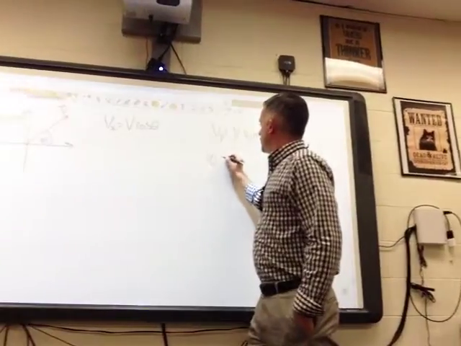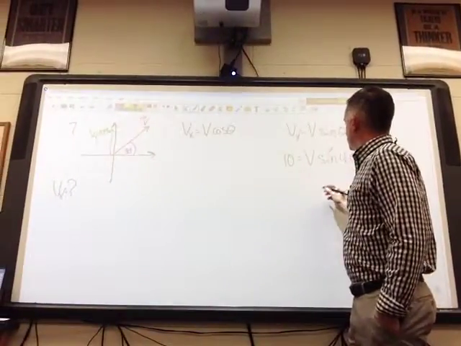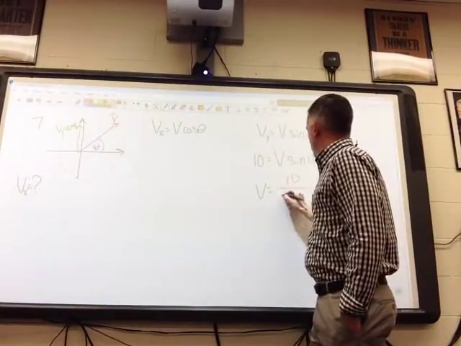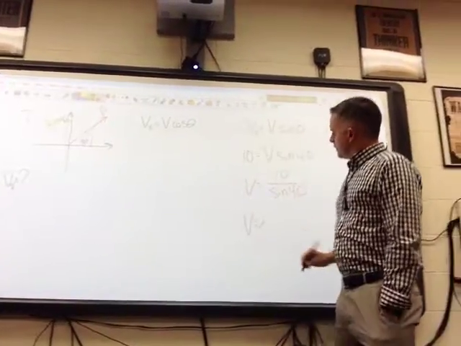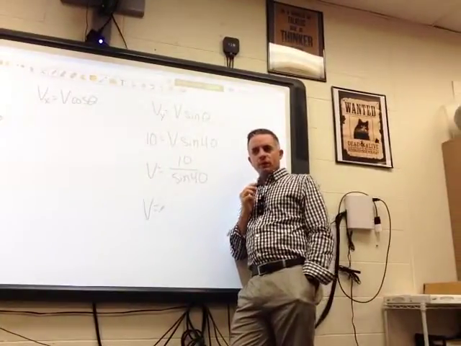And we know that v sub y is 10. V sine theta. So v is then 10 divided by the sine of 40.